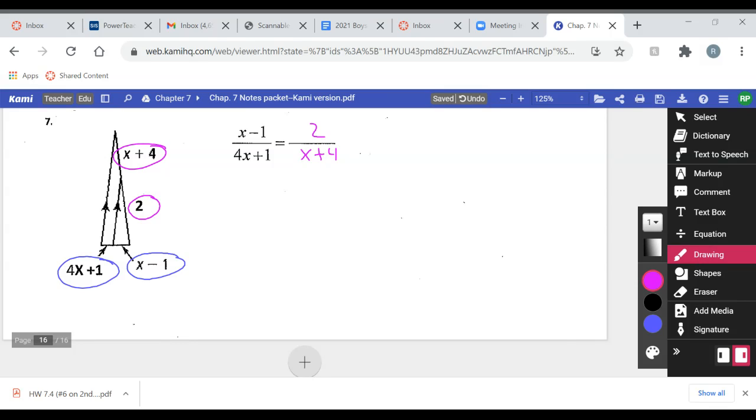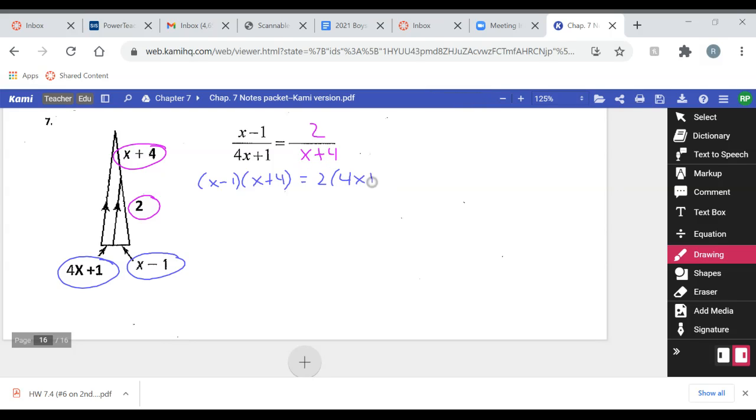Okay, from there, I can cross multiply. So I've got x minus 1 and then times x plus 4 is equal to 2 times 4x plus 1.